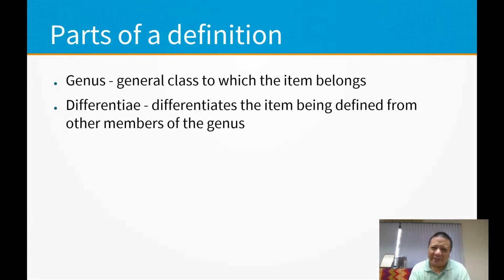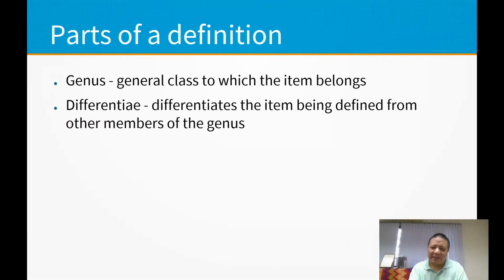By the way, class, if you took semantics, genus refers to the field or the domain, the group of lexemes, and differentia refers to the diagnostic feature or contrastive feature of a lexeme, that part which differentiates it from other members of the same field or domain to which it belongs.